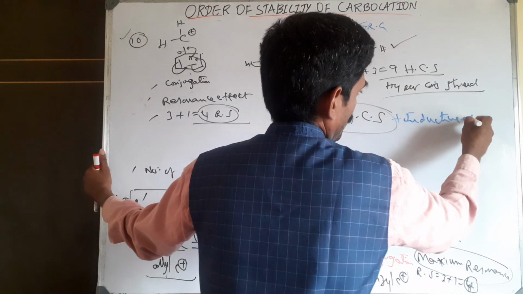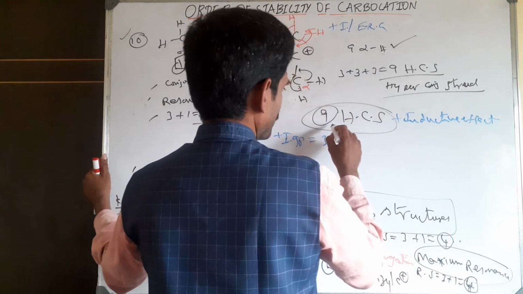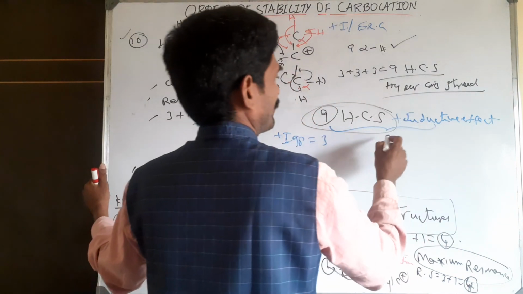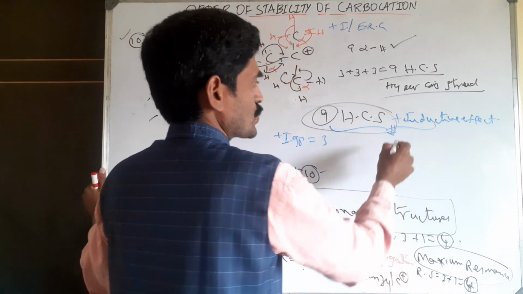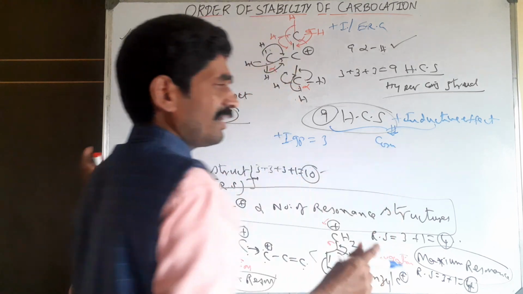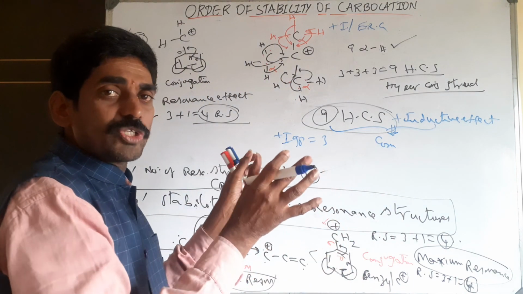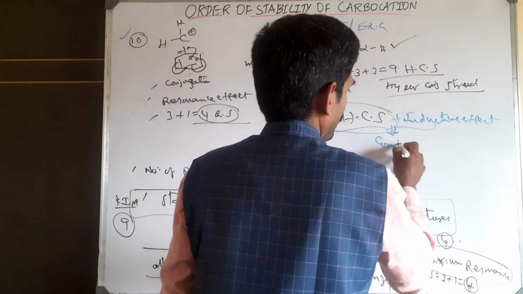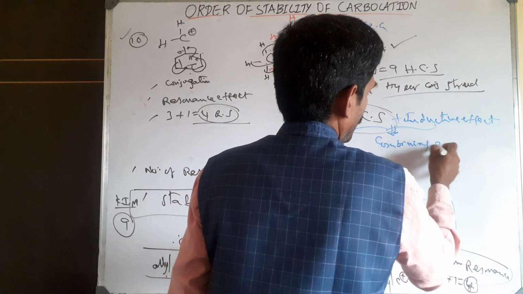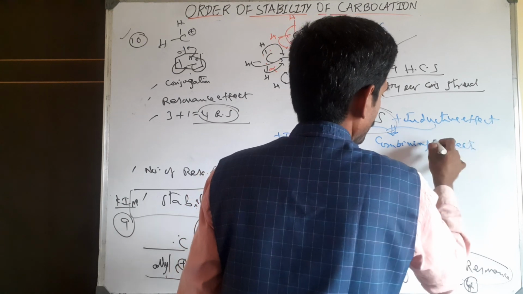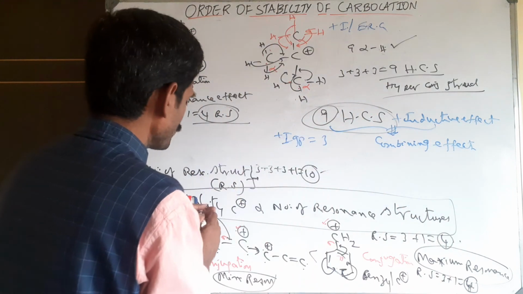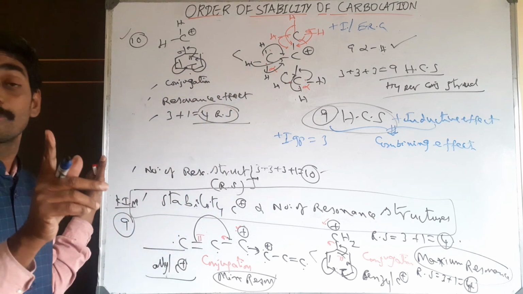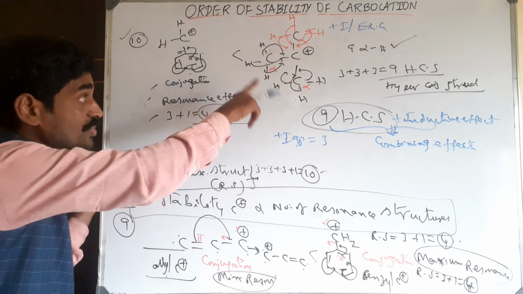So you have to consider the combining effect of these two factors, the hyperconjugation structures and the inductive effect. The combining effect of these two gives more stability to the tertiary butyl carbocation than the benzyl carbocation. Take care, very important, my dear students.